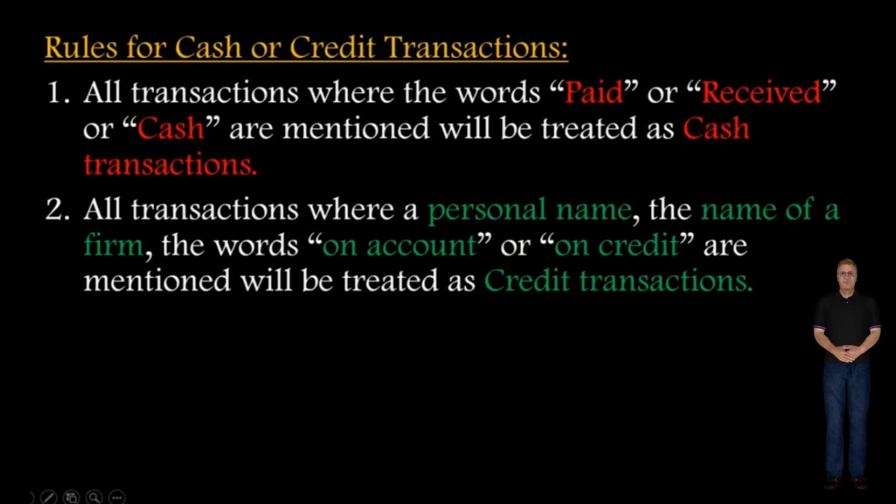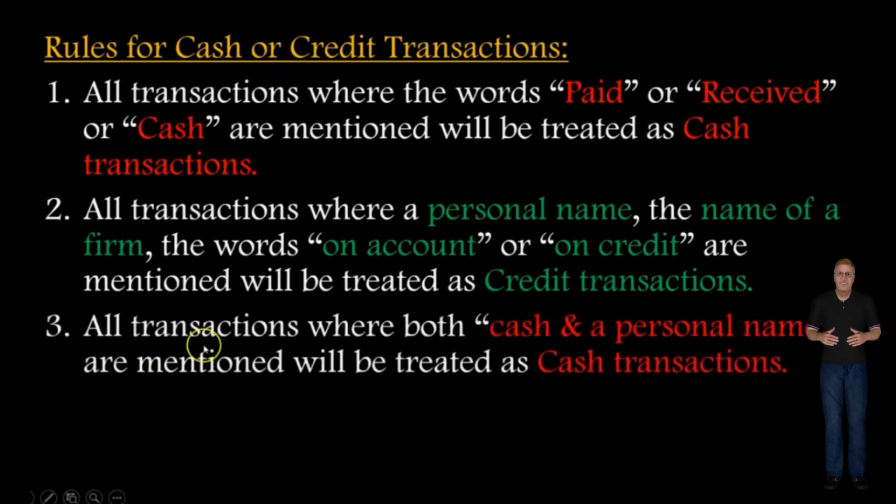How about if we have the words cash and we also have a personal name? So this is going to be a little confusing, right? Whenever it says cash, we treat it as a cash transaction. But if that same transaction has a personal name, then what do we do? Well, we come on to rule number 3.